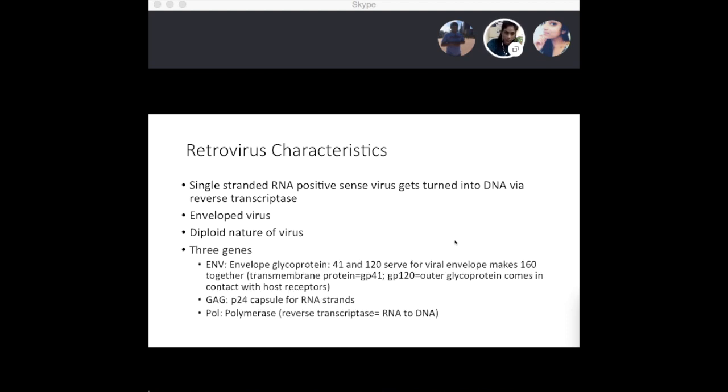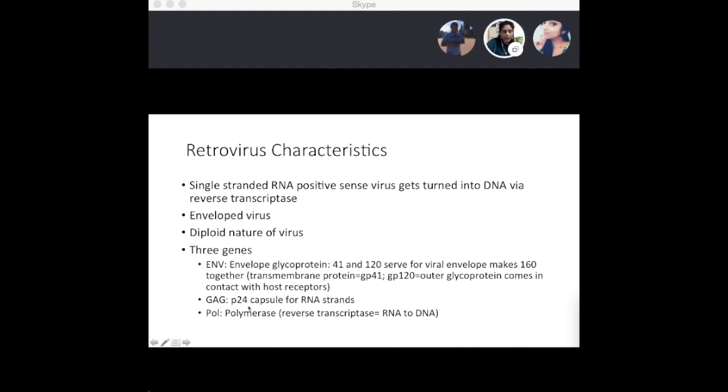The env gene, which is the envelope glycoprotein, contains GP41 and GP120 that serve as the viral envelope, and together they make GP160. GP41 serves as the transmembrane protein, whereas GP120 makes up the outer glycoprotein.